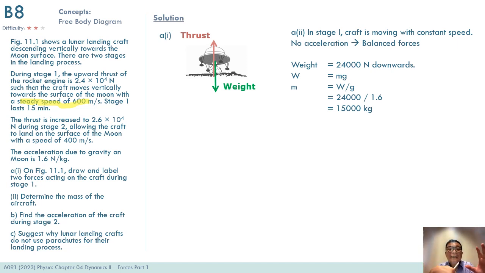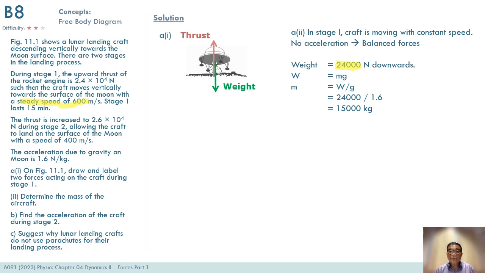This must mean that there's no acceleration and the landing craft has balanced forces acting on it by Newton's second law. So the balanced forces means that the downwards weight value will be the same value as the upward thrust, and that's the reason why we can immediately identify the value of the downwards weight to be the same as the value of the upwards thrust.